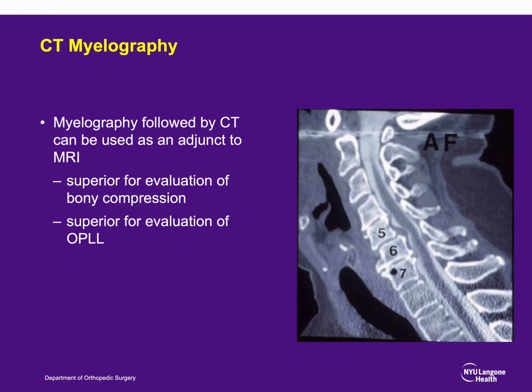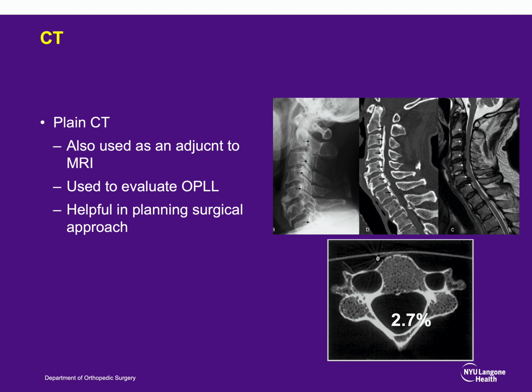CT myelography, again, is indicated for someone who cannot tolerate MRI or in patients where the MRI is contraindicated. Again, CAT scan is superior to MRI in terms of assessing the bony anatomy.